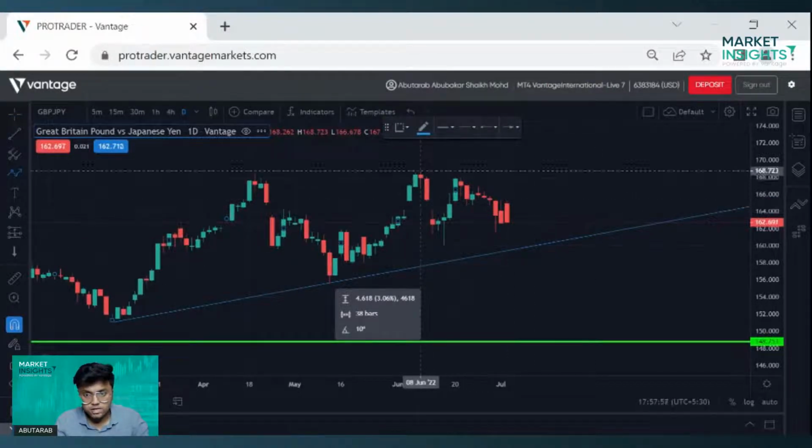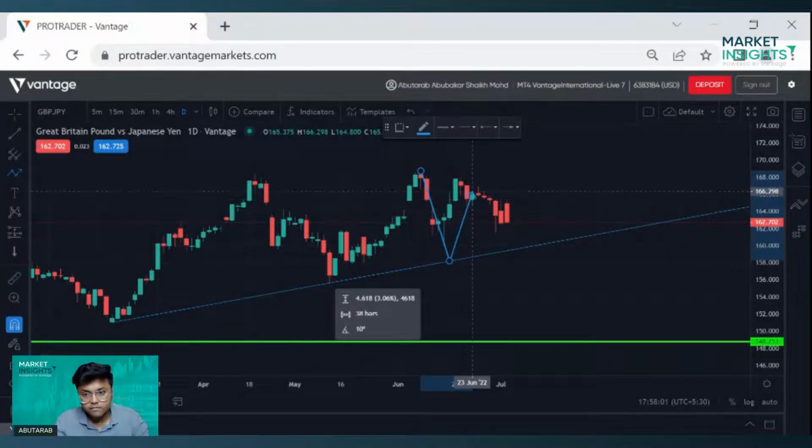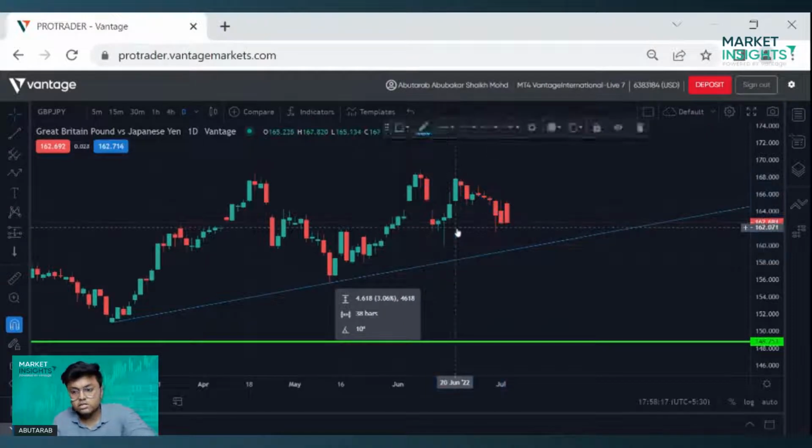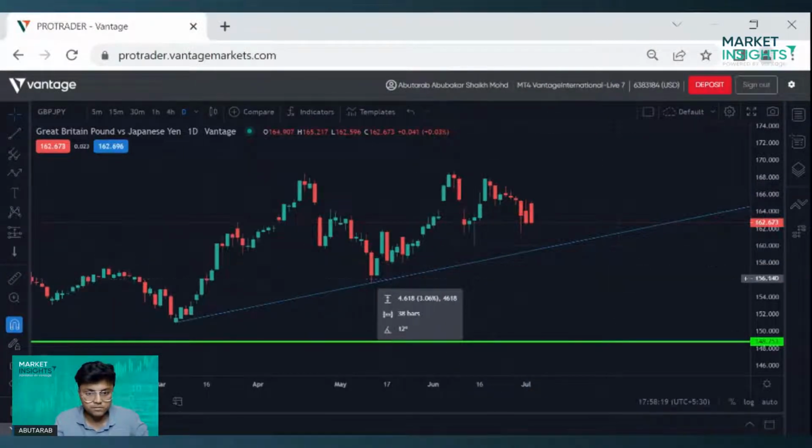So if this swing started from here, it went all the way down here and then reached back up here. But this is not the case currently in pound yen. The price took support here only and went back up at this point, isn't it? So this is not a perfect trend line, I would say.